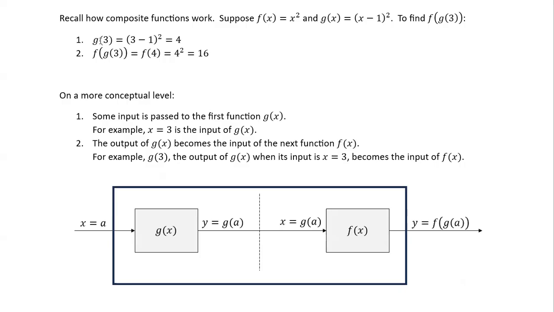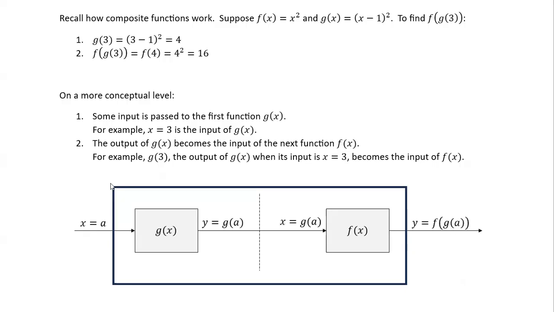Like we did up here, g of 3 was what we found first, right? And this output of g gets passed as the input to f. So this g of a becomes our x again and gets passed into the system f. And then f will output f of g of a, kind of what we did up here.